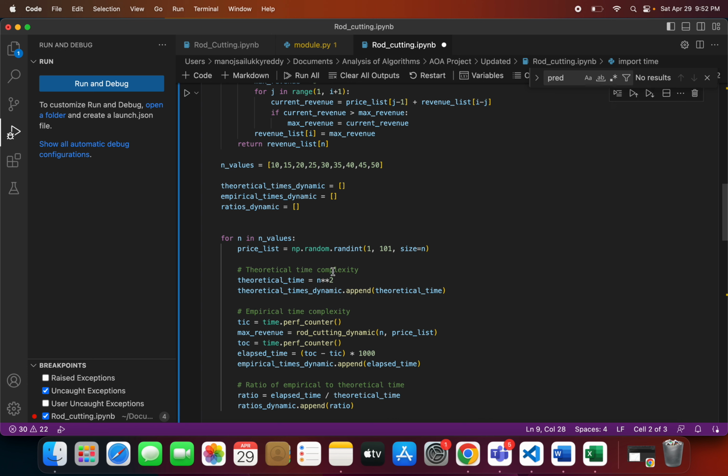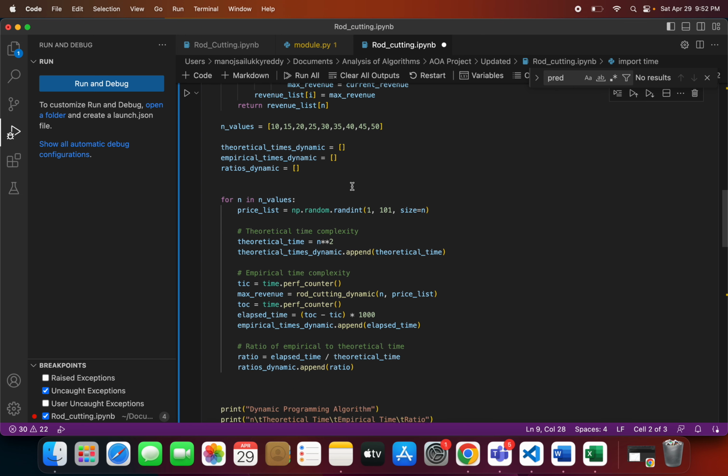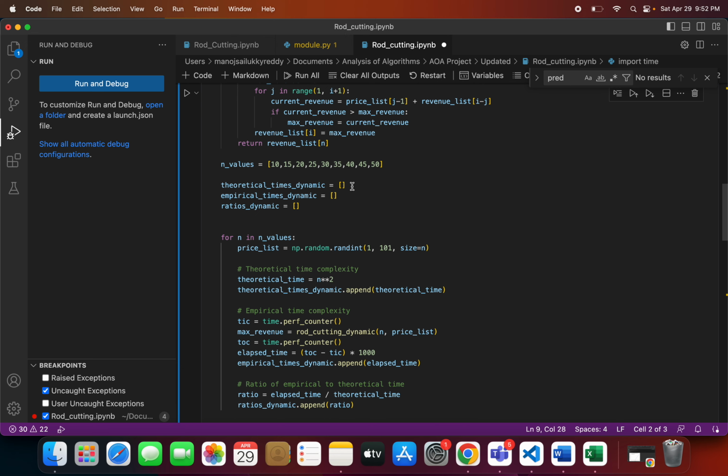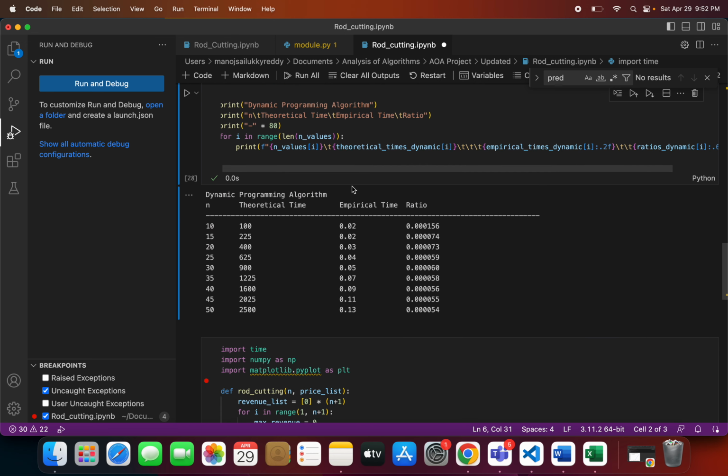and before going to the output, here I have taken the n values from 10 to 50 in steps of 5. So here if we see, for each value, the time complexity is n power 2, so the number would be squared, and after that we'll be getting the theoretical time and also the empirical time, and for the ratio, empirical time by theoretical time.